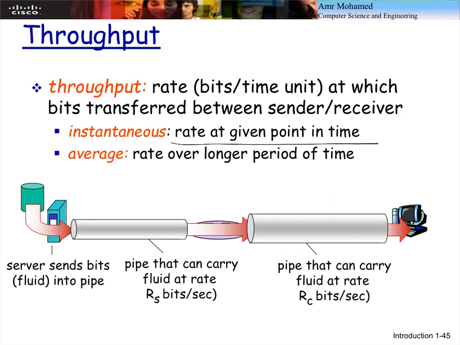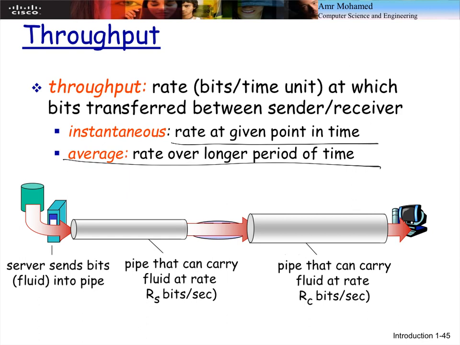If we want to calculate it, for example, using a simulation or using MATLAB, we can take a very short window of time, let's say 1 second, and we calculate at the receiver the amount of bits that we have received during this 1 second. And this we can call the instantaneous throughput. Average throughput, on the other side, talks about the average between all the instantaneous rates across a very long time.